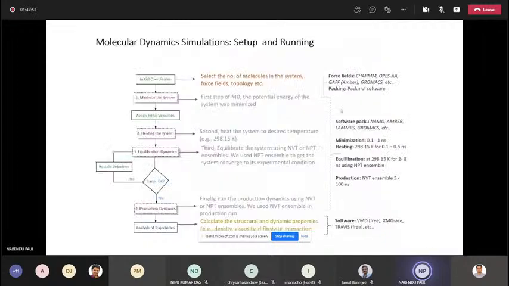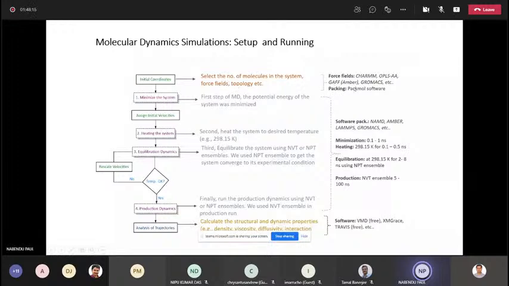Here is the overall molecular dynamics simulation setup and steps. First we initialize the coordinates with the help of force fields like CHARMM, OPLS, AMBER, and GROMACS. In my case, I am using an AMBER generated force field to generate the force fields and topology.